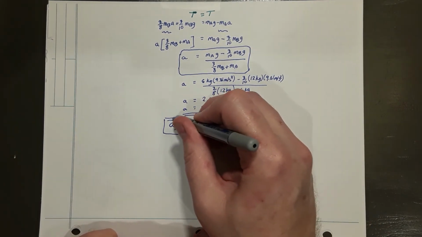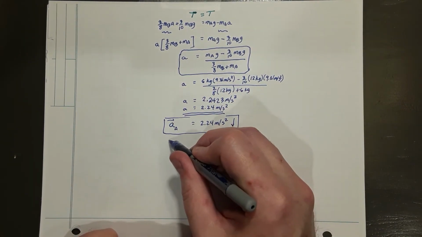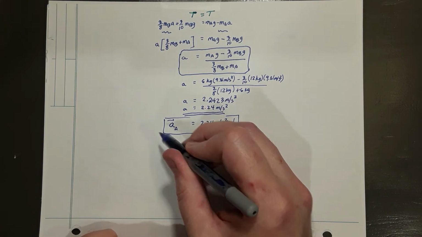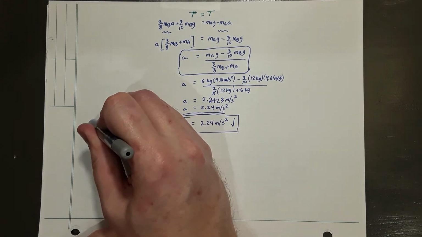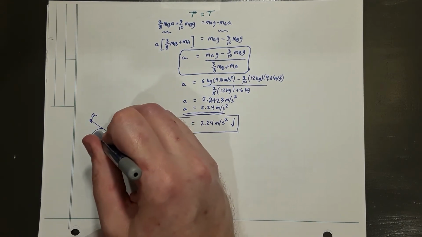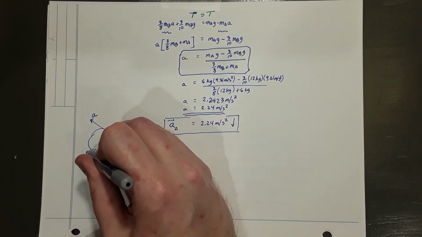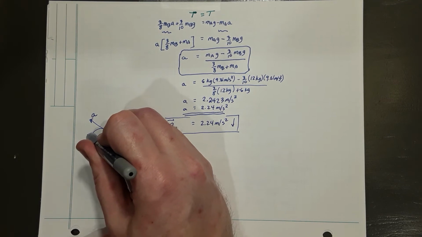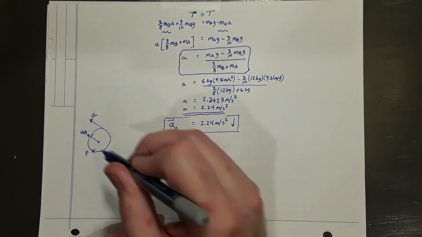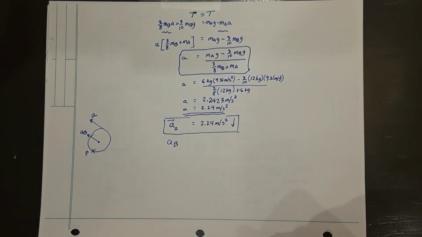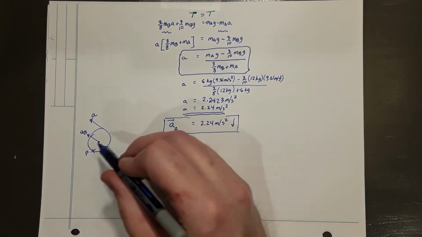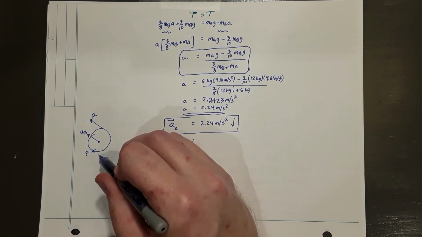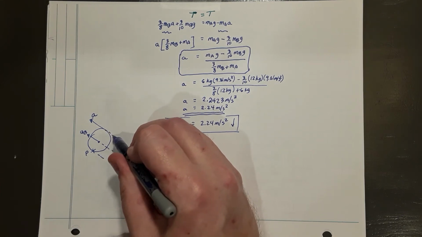And it also applies to the acceleration of the center of wheel B. But remember, the edge of the wheel experiences an acceleration of A, whereas the center of the wheel will have a lower acceleration because of its closer proximity to the axis of rotation.